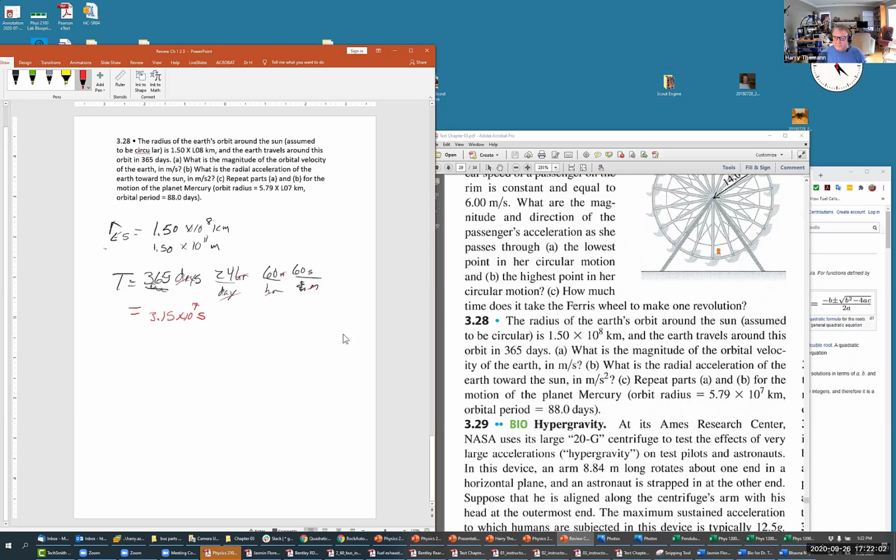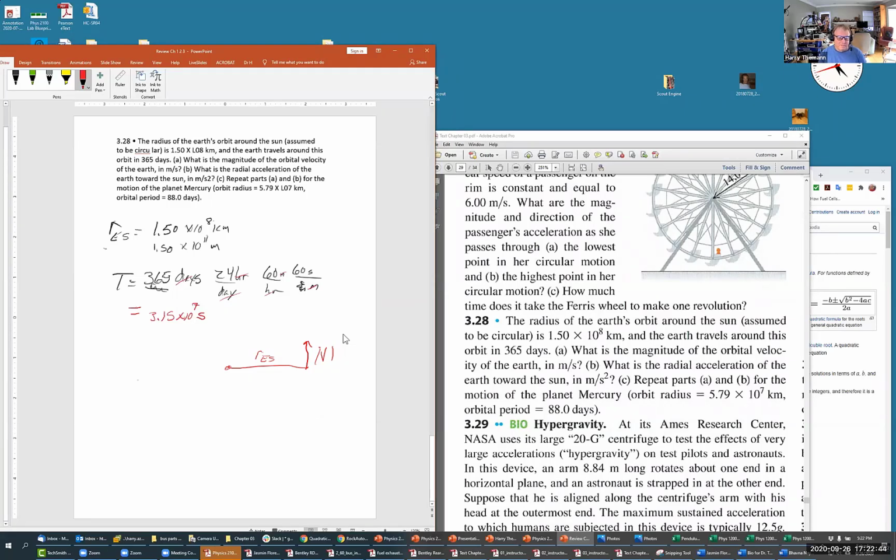What is the magnitude of the orbital velocity of the Earth in meters per second? If I have the Earth going around the sun like this, I have R, and I want to know what V is. Well, I want to know the magnitude. You might be fooled here.